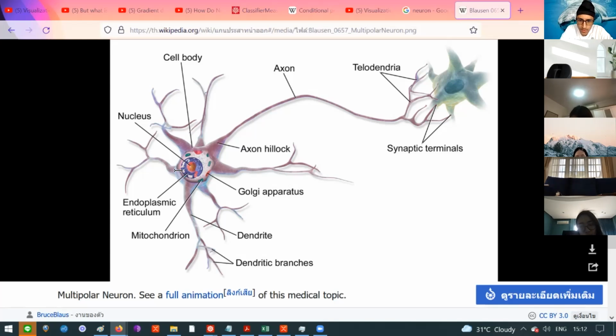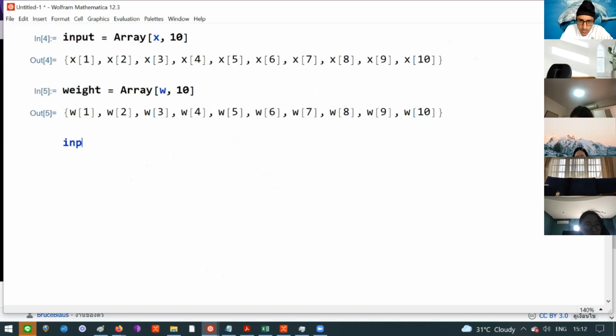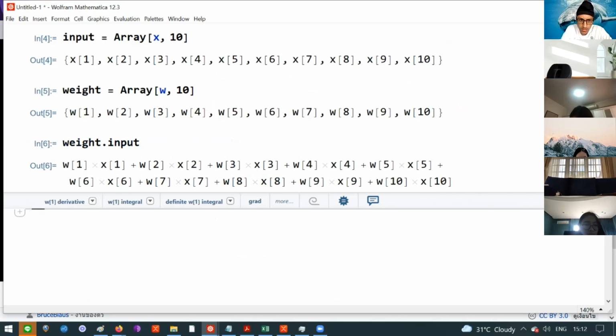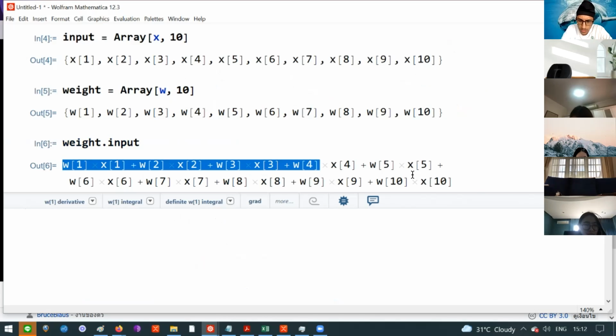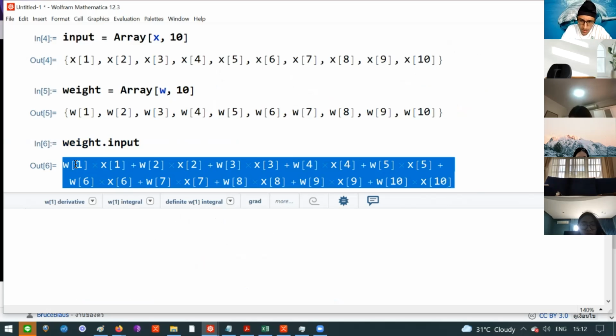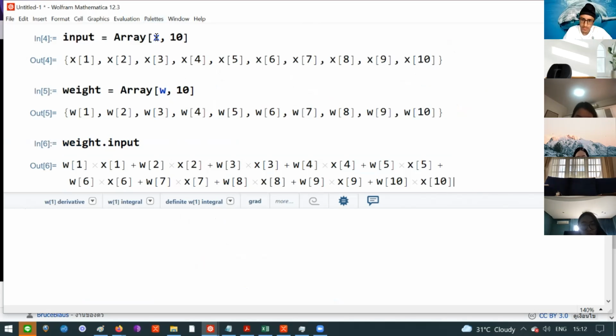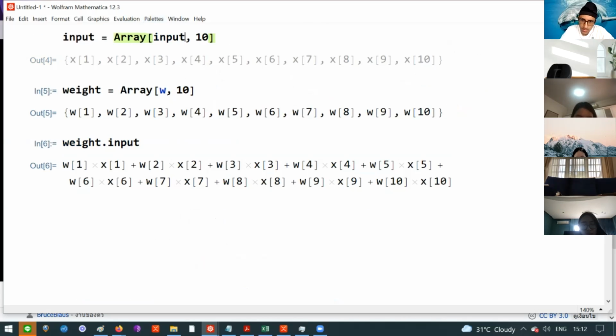I have input dot weight, right? So this is nothing more than a weighted sum. Input 1 multiplied by weight 1 plus input 2 multiplied by weight 2 plus input 3 multiplied by weight 3, okay? Right? So let's make it a bit nicer. Just make it 5 maybe, that's easy to see.